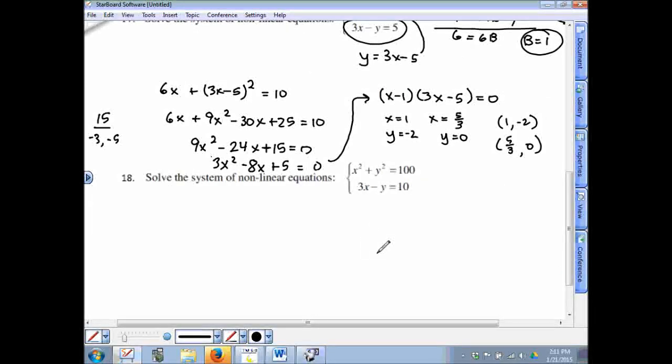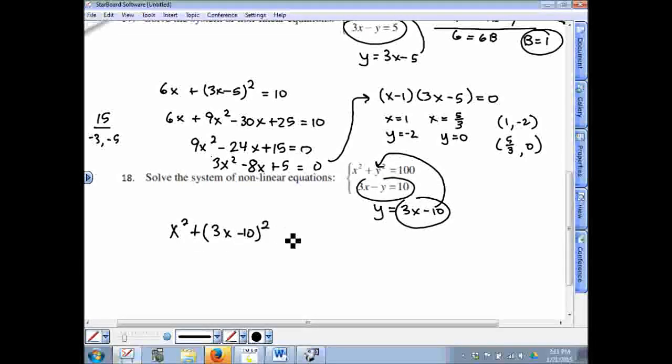Okay, question 18 is just like 17. I'm going to solve this bottom equation for y. It's going to be 3x minus 10. Now take that and substitute it in there. We're going to get x squared plus 3x minus 10 squared equal to 100.